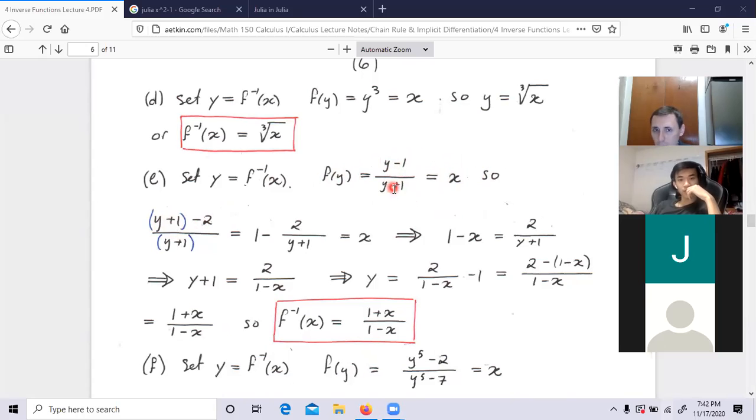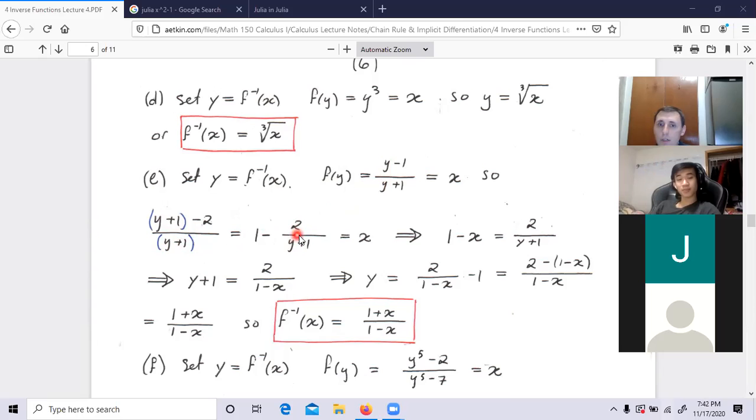If it's y plus 1 over y plus 1, I cross out and I get 1. So I write y plus 1 and pay for it by subtracting 2. 1 minus 2 is minus 1. You understand why I wrote y plus 1? Because then I can distribute the denominator to y plus 1 and obtain 1 minus 2 over y plus 1. And look what I have achieved. I used to have 2 instances of y. Now I only have 1 instance of y.